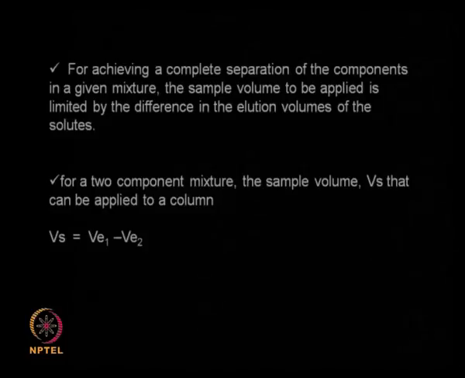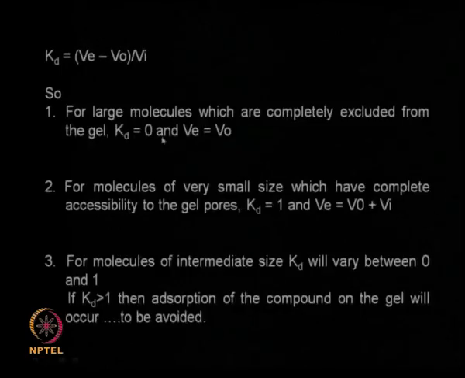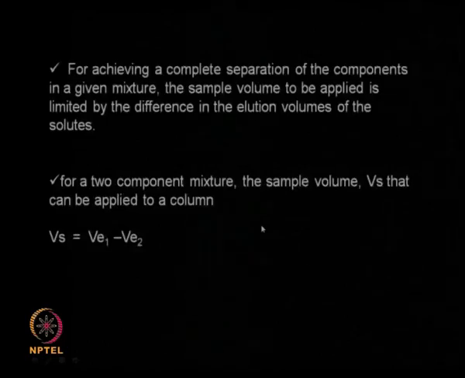So for achieving a complete separation of the components in a given mixture, the sample volume to be applied is limited by the differences in the elution volume of the solutes. You need to keep that in mind. Now suppose I have a mixture containing 2 components, component 1 and component 2.